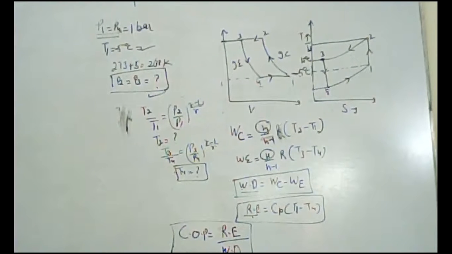Now next COP, as everybody knows, is the refrigeration effect divided by the work done. So this is the method to find out the value of COP. Everybody must find out the values. Hurry up.